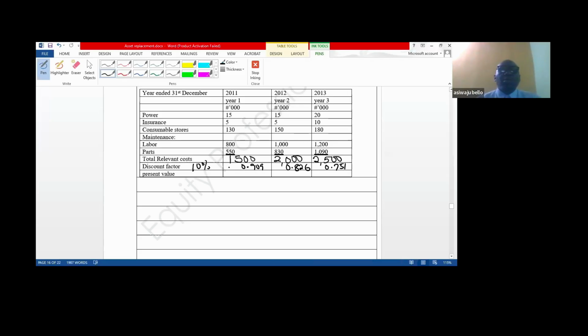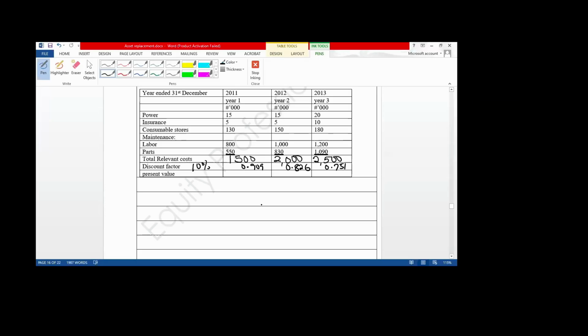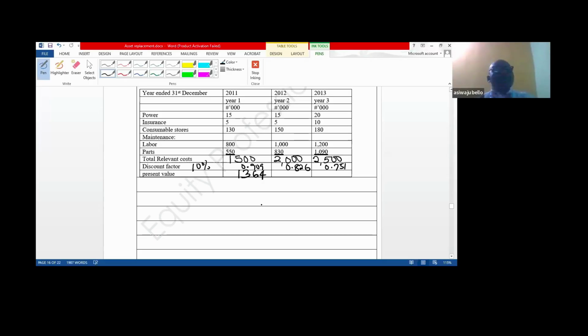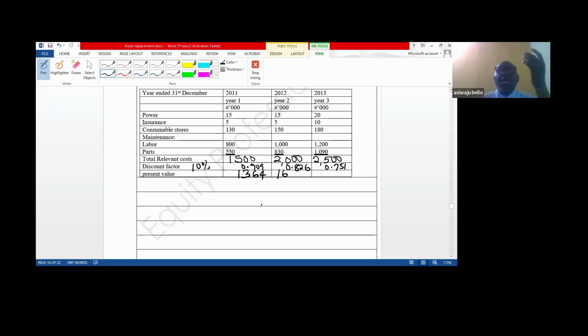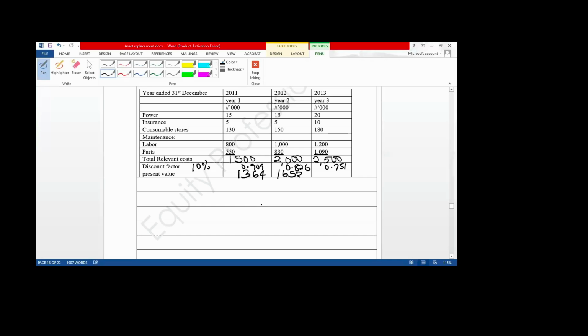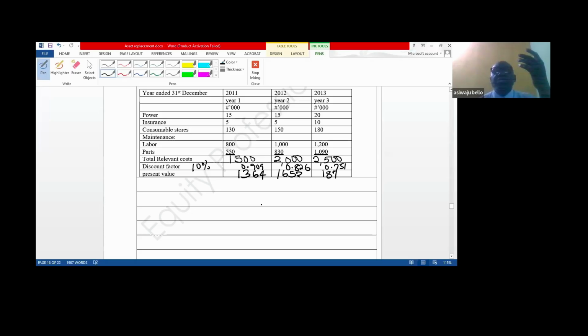Discount to their present value. 1,500 multiplied by 0.909 gives 1,364. Next, 1,652. Next, 1,878.